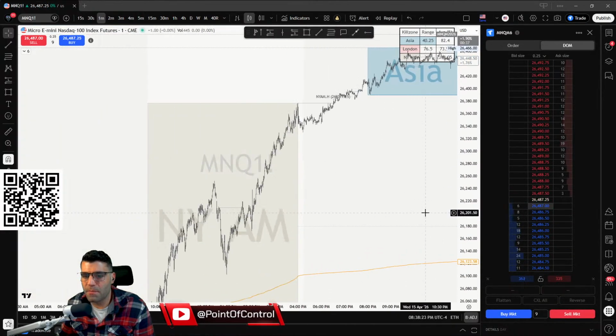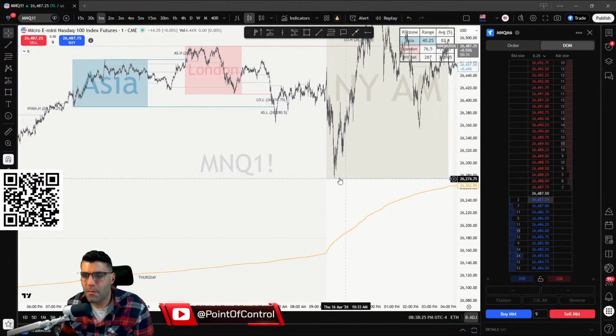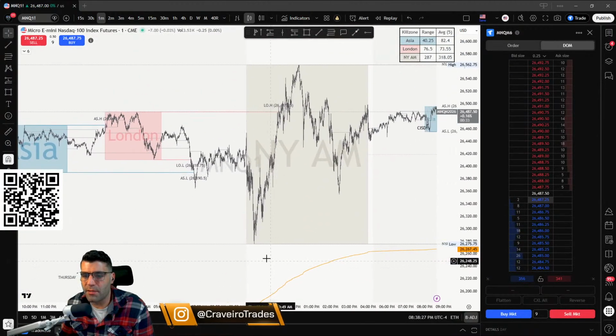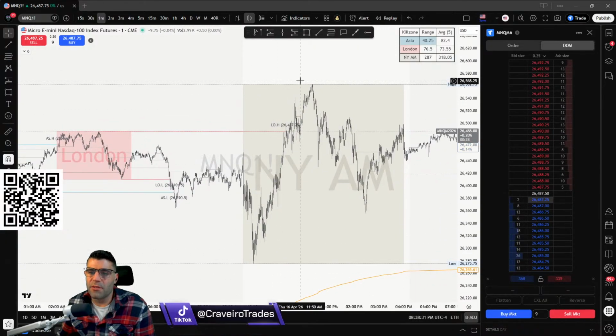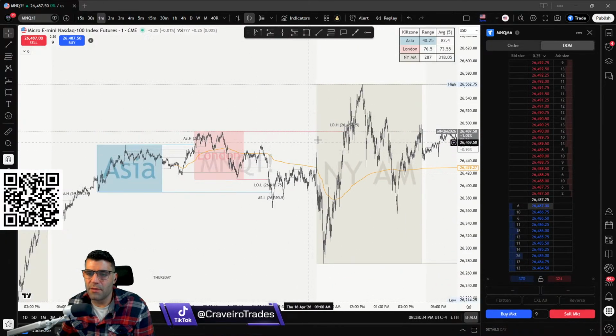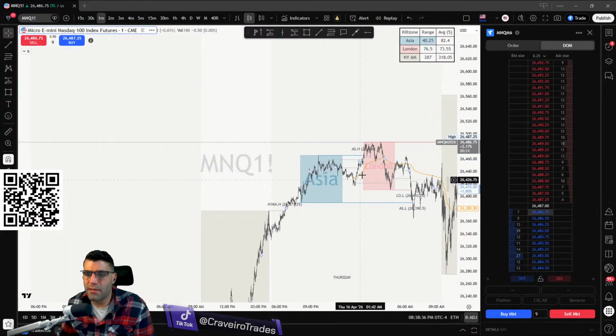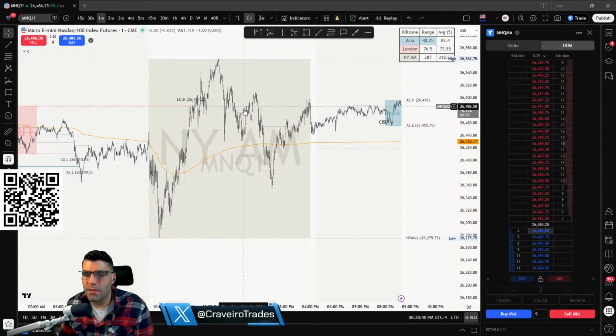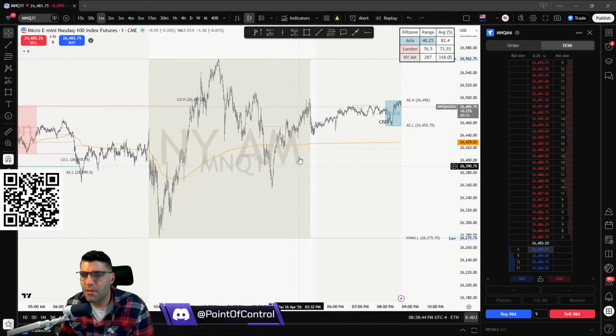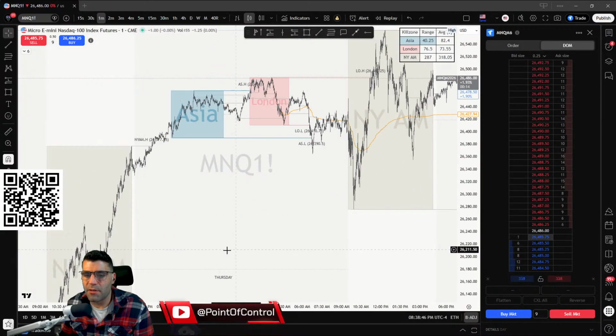Extends over, acts as support at this level, change in the state of delivery. Price goes up, sweeps liquidity of London highs and I believe new all-time highs, then distributed back down to balance this range. And then we just went sideways for the rest of the day, okay?